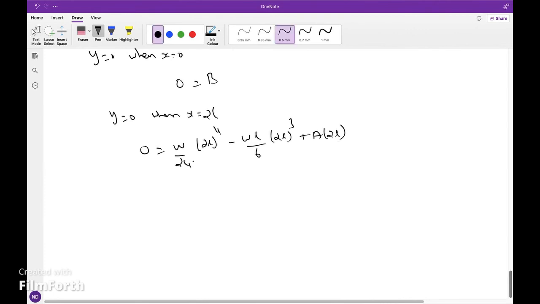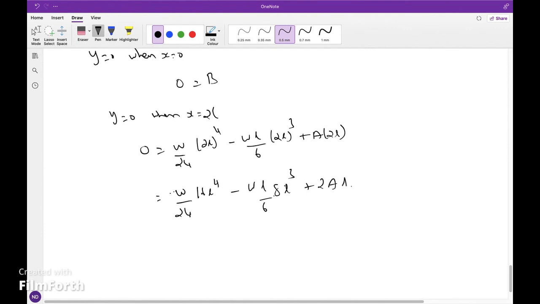Now we have to find the value of A. 2AL is equal to omega by 24 into 16 L power 4, minus omega L by 6 into 8 L power 3, plus 2AL.